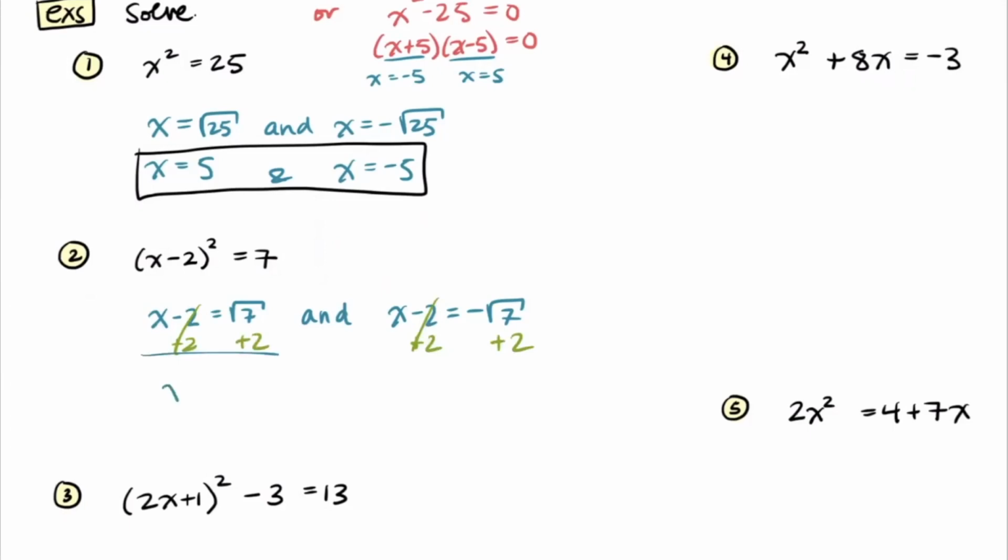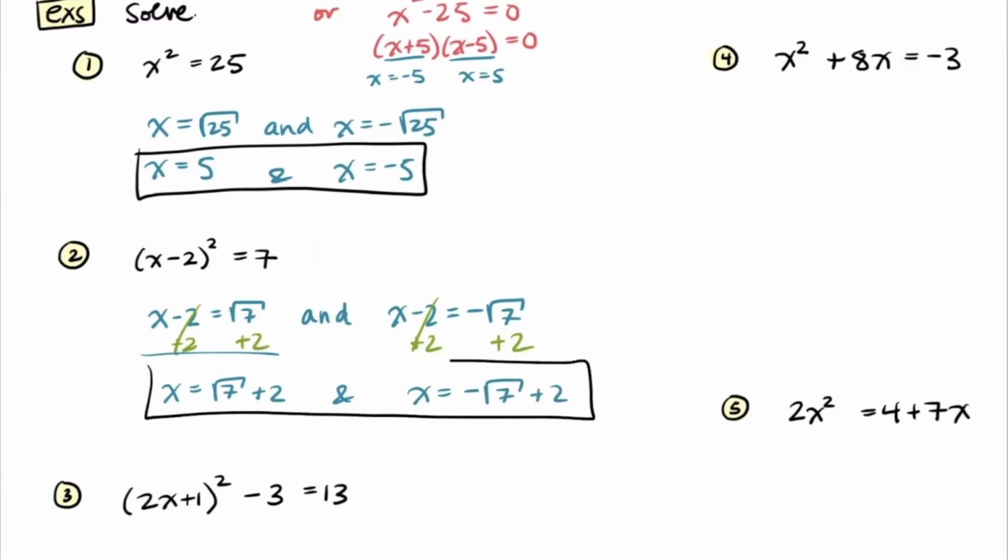And so we have x equals radical 7 plus 2, and x equals negative radical 7 plus 2. These are exact answers, so you should leave them like this. Don't round them in your calculator on a homework or a quiz or exam or WebAssign or anything, unless you're specifically asked to. So this is good.